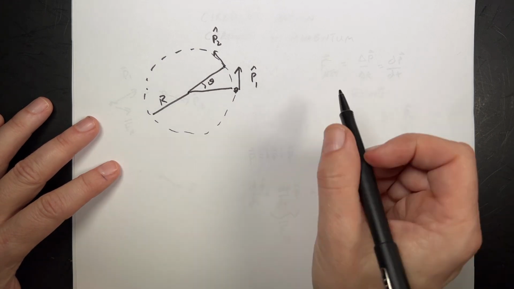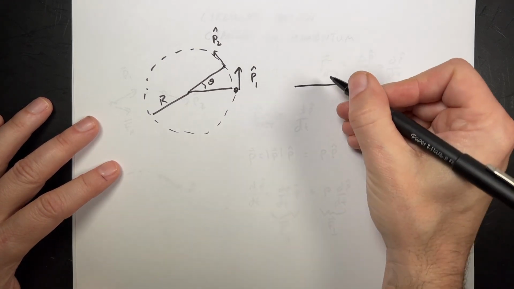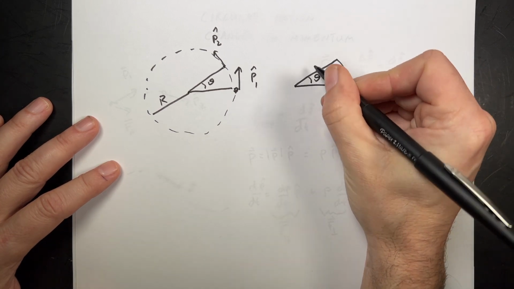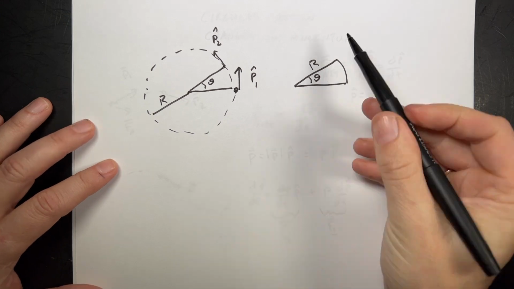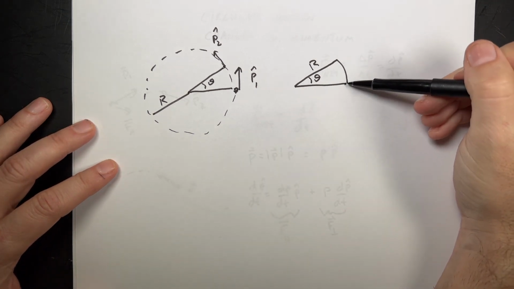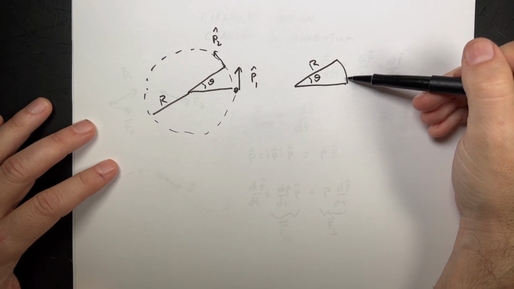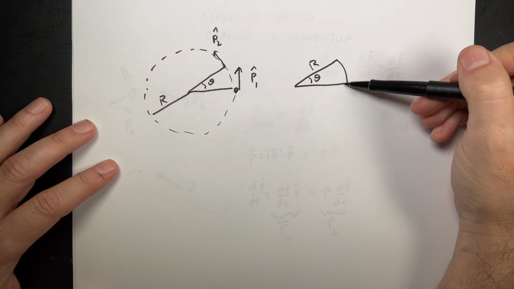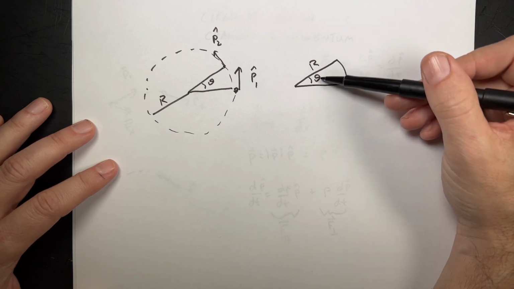So if I just draw this triangle right here, I get theta and r. There's a relationship between theta and the arc length. I can find theta as the arc length divided by r, and that will give me theta.